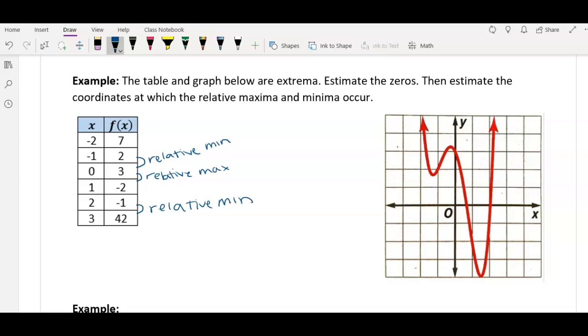And notice, we went from a negative to a positive, and because we went from a negative y to a positive y, we're going to have a 0 in between these two values. And that's because it crosses the x-axis.